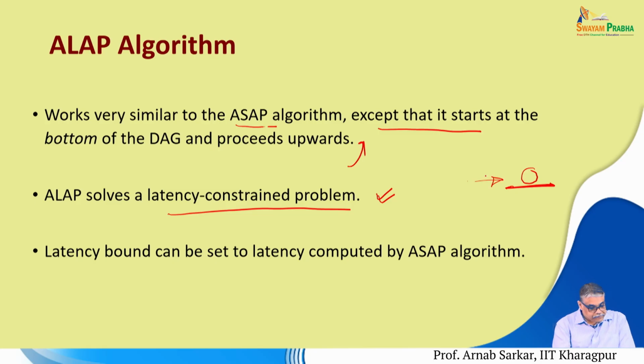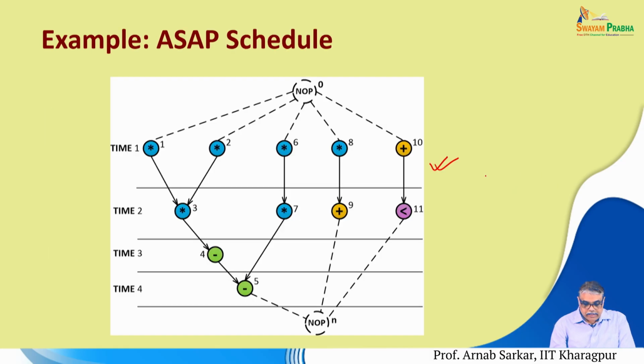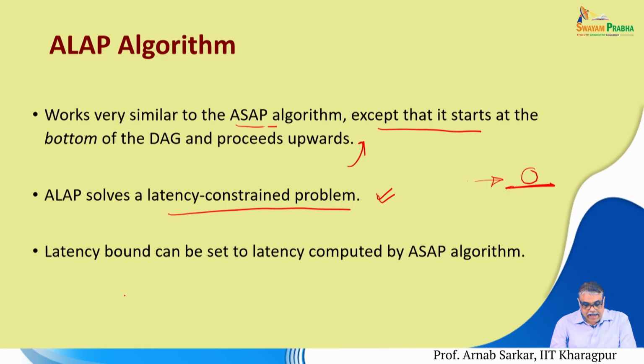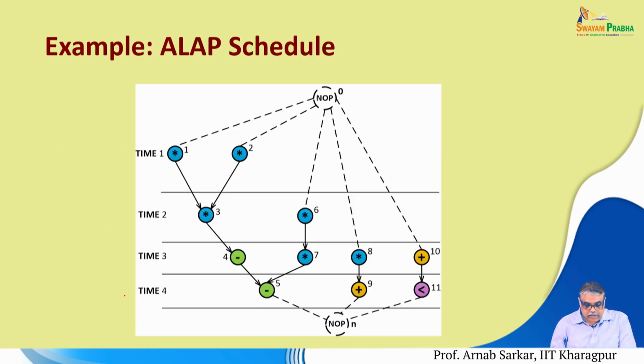Here we said that in the ASAP schedule all operations must be completed within time step 4. If we want to generate an ALAP schedule with a time constraint of 4 units of time, the same as produced by the ASAP schedule, then we can have an ALAP schedule like this. Why? Because at time step 4 we can perform operations 5, 9 and 11, since we start from the bottom and go upwards.